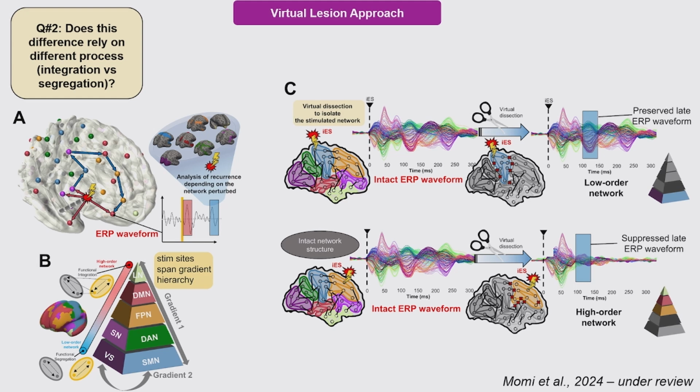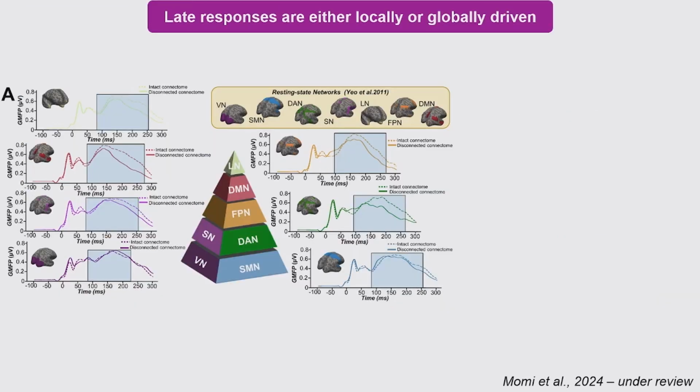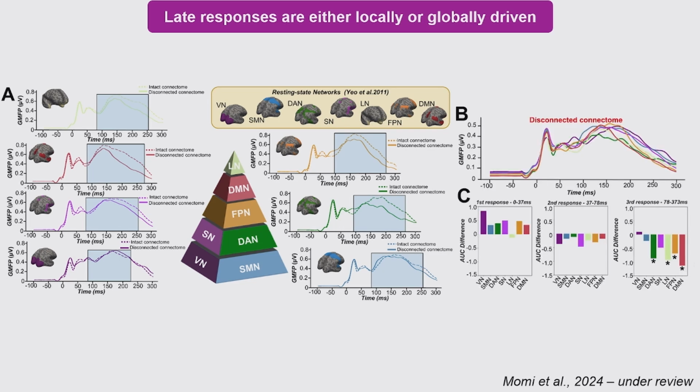The opposite scenario is that if we do that for the higher order networks, so for the high order of this pyramid, we should see a suppression of the response because these networks are characterized by functional integration. So those are the results, and that's basically what we found. For the intact structural connectome, the dashed line, compared to the disconnected connectome, we saw no changes for the lower level of the pyramid.